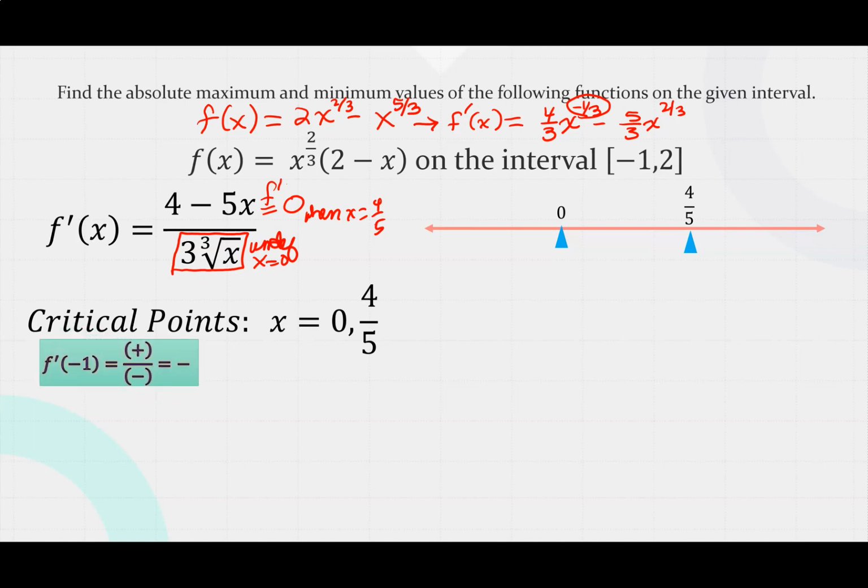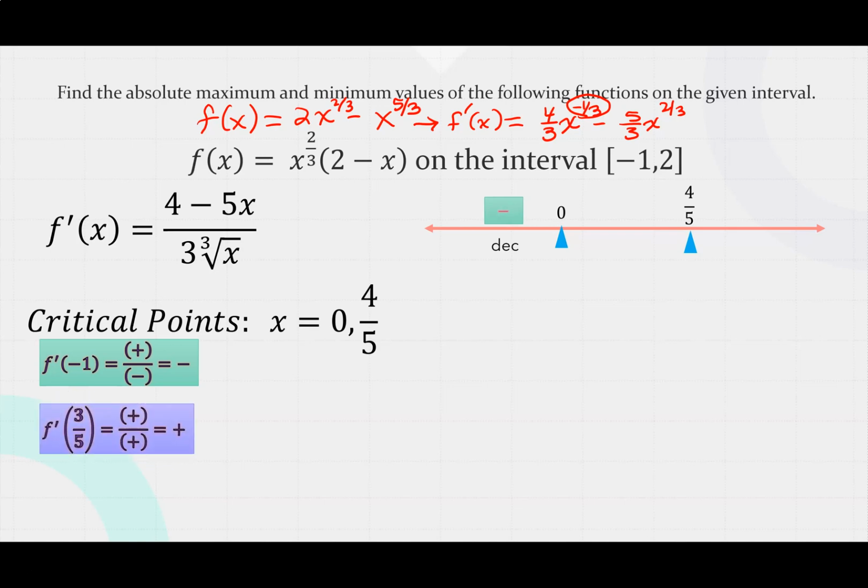The derivative when x is negative 1, the numerator is going to be a positive number because negative 1 multiplied by negative 5 is positive 5, and then plus 4 is 9. And then the denominator is negative because the cube root of a negative number is a negative number. That means the quotient is negative. Your function is decreasing on the left of 0.